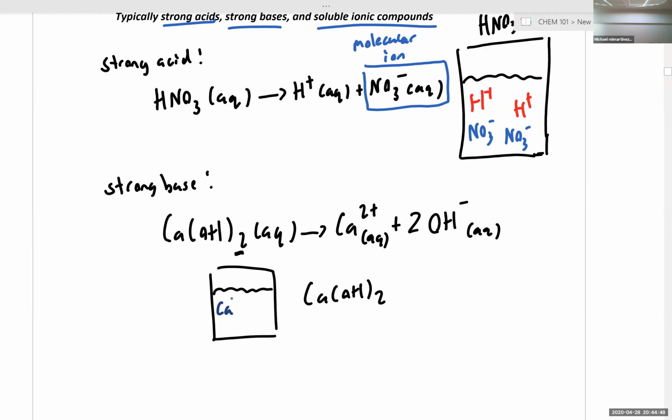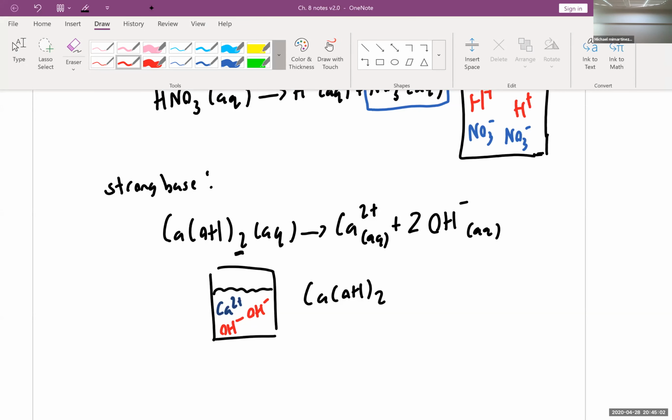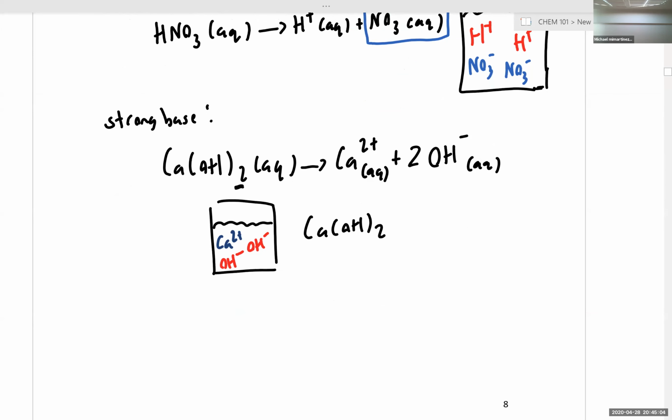So we'd have calcium 2+, and then of course we'd have our 2 hydroxides. Does this make sense so far to everyone? Let's keep going. I always like to draw pictures, makes things easier to remember.